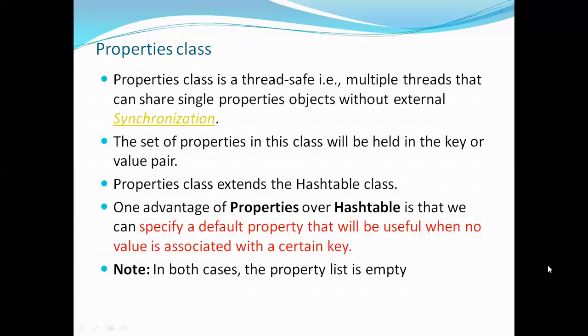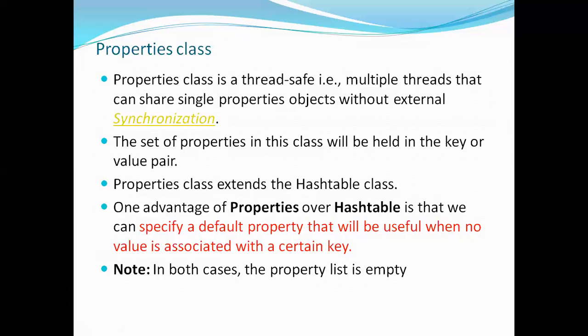That's the main advantage. Again, in property, the values are stored as a key and value pair. It extends the hash table class. One more advantage of property over hash table is that we can specify a default property that will be useful when no value is associated with a certain key. So that is an advantage.